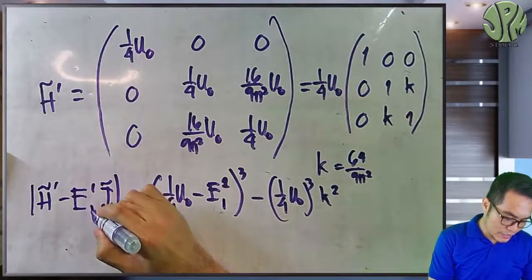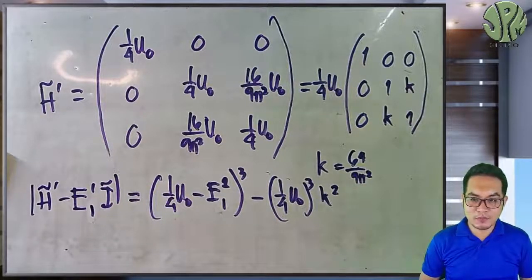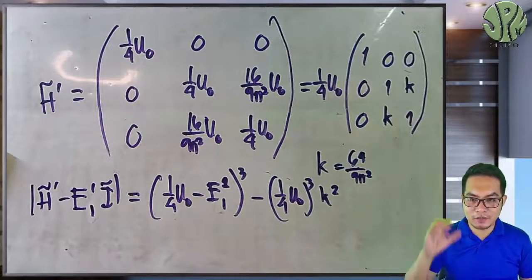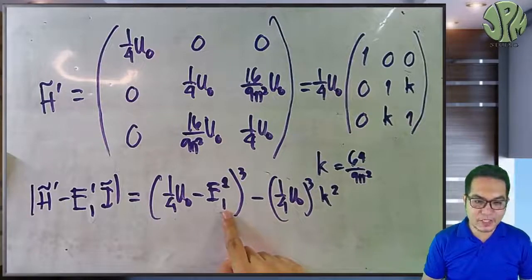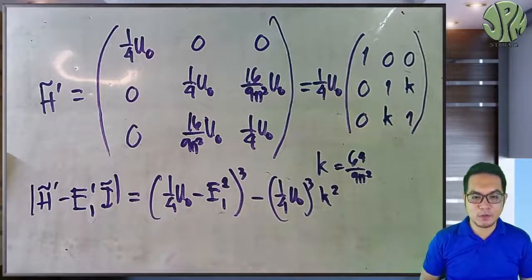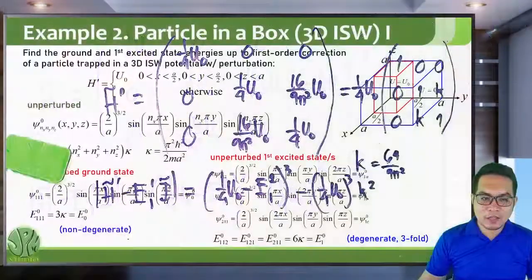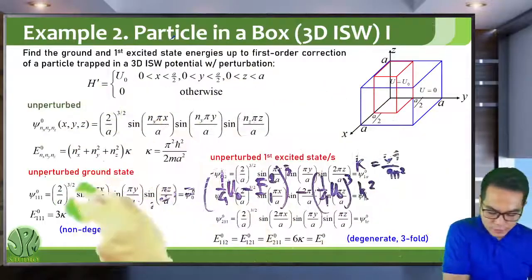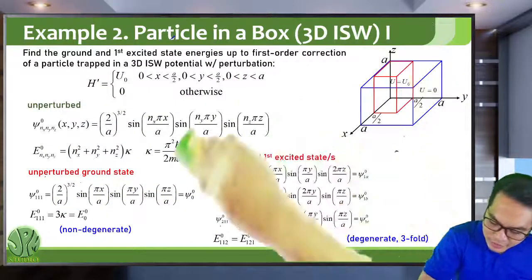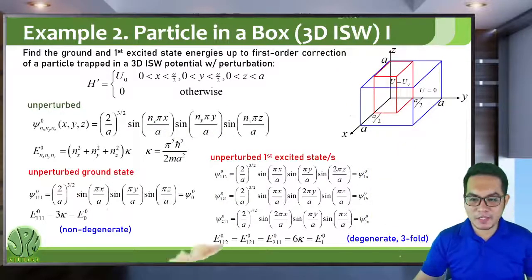We designated E1 as our first energy level, psi1 is our first excited state. So E1,1, first excited state energy correction, and solve for E1,1. Doing that will give you 3 values for E1,1. I will just leave the messy calculations to you, but that is the solution.